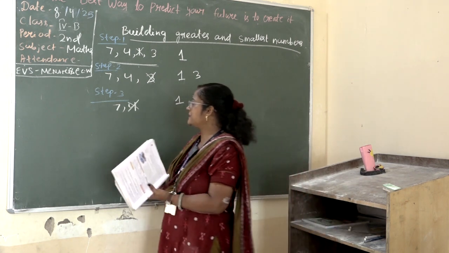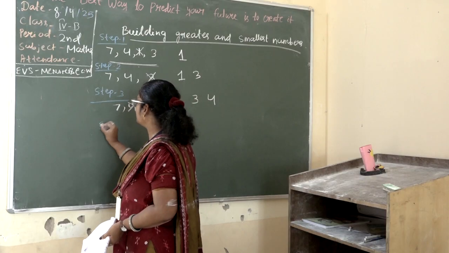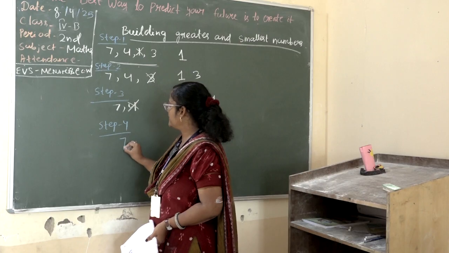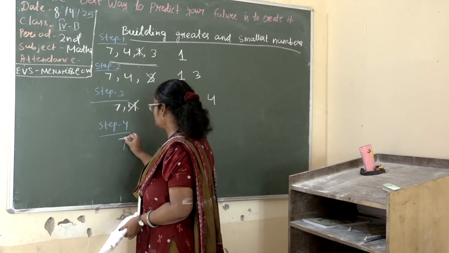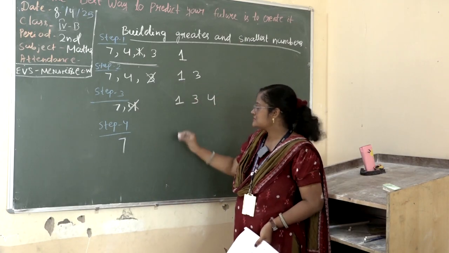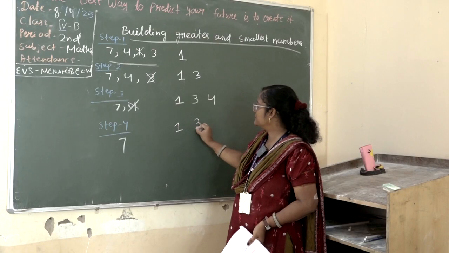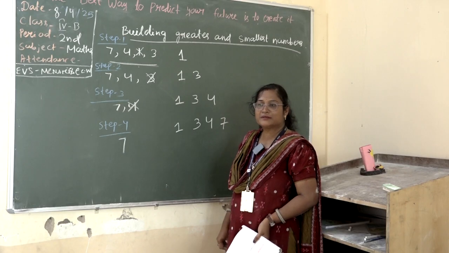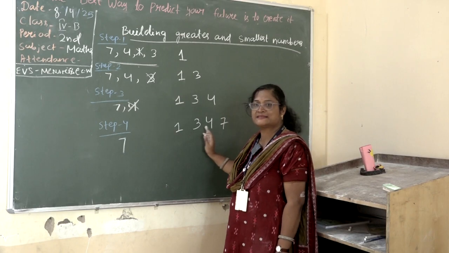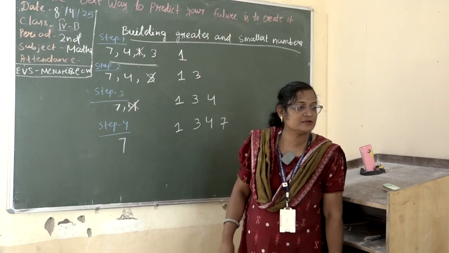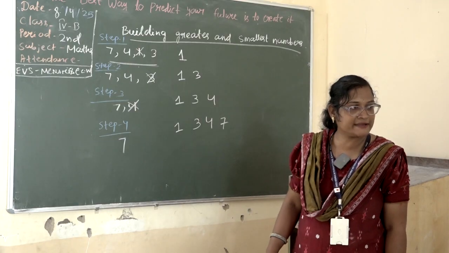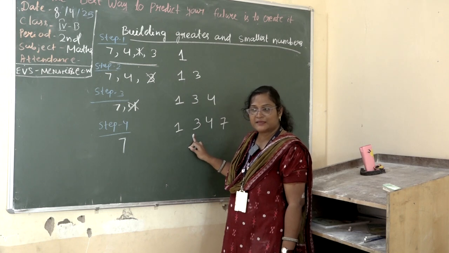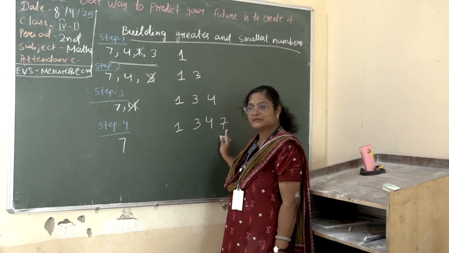Now what is the remaining number you have to write in step 4? 7. So 1, 3, 4, 7. Are the numbers going in increasing order or decreasing order? Increasing order, right? The smallest number is 1, after that 3, then 4, 7.